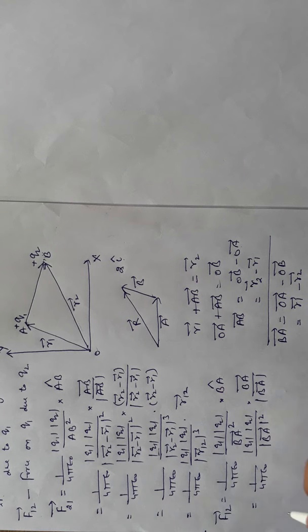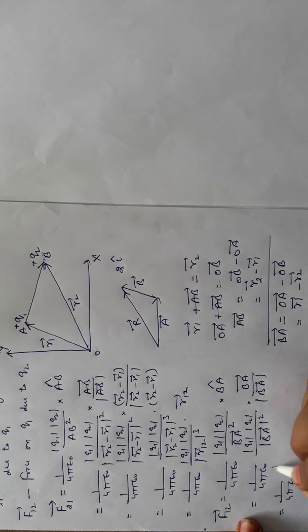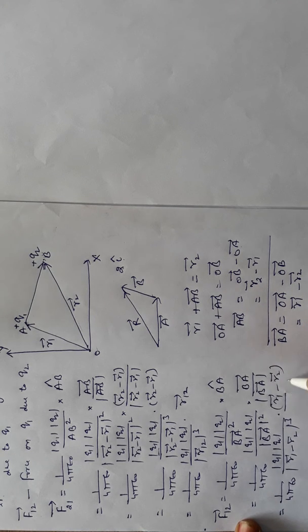So you can write here 1 by 4 pi epsilon naught mod q1 mod q2 upon mod r1 minus r2 whole cube, and this becomes r1 minus r2 upon the magnitude of r1 minus r2.